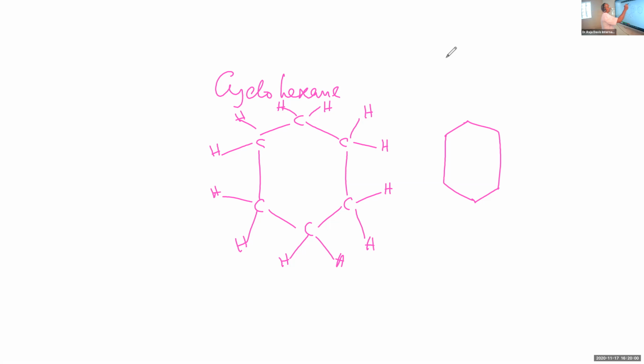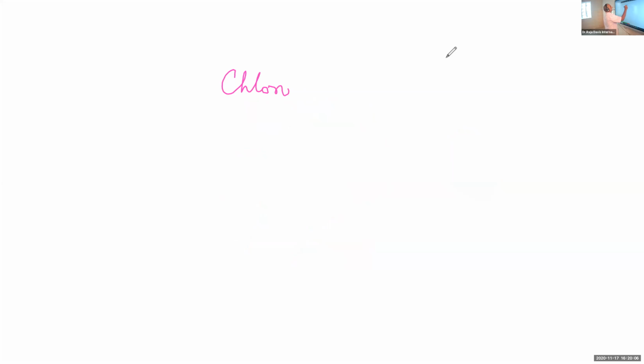If there is a heteroatom, that must be shown. For example, chlorocyclopropane. Cyclo, again, a ring is there. Propane, 3 carbon atoms, so a ring of 3 carbon atoms. Then chloro, there is a chlorine atom.